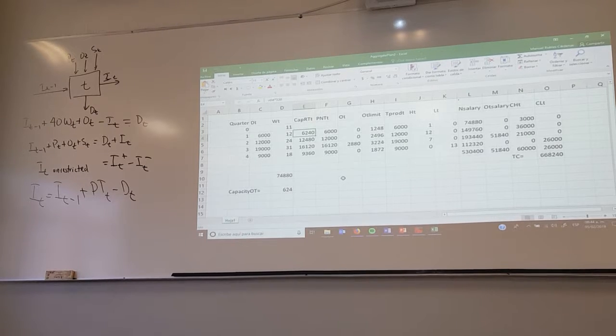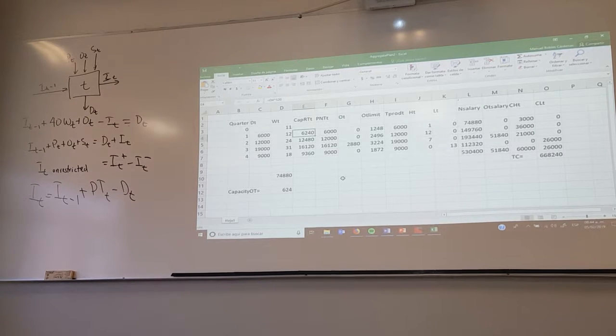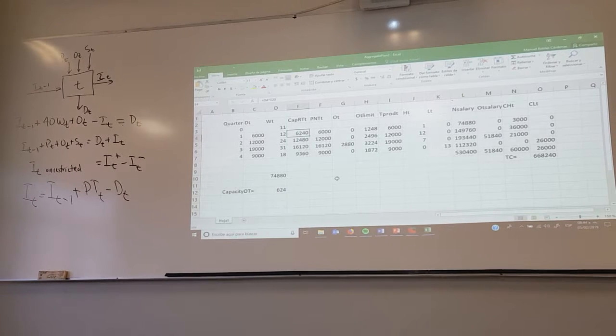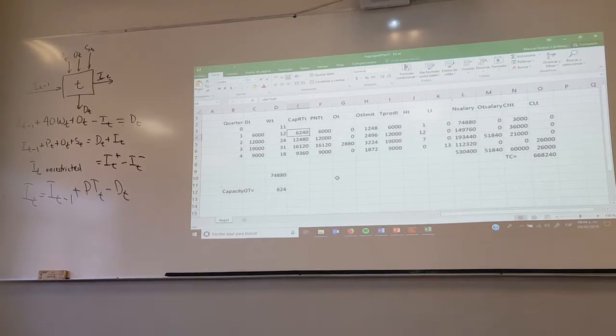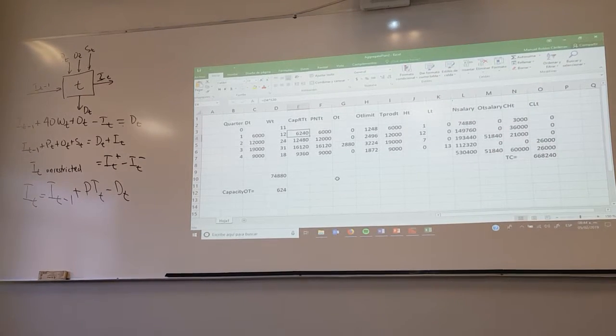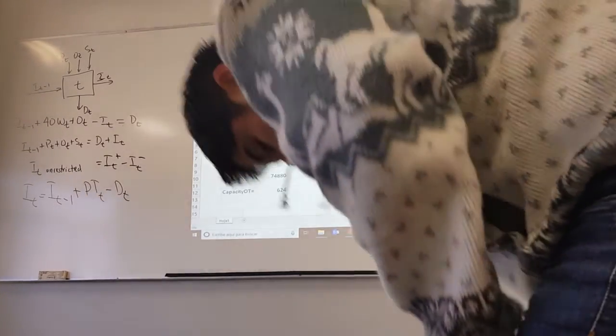Okay. So I know, because we solved this problem in the other class, that this solution is not optimal. So what we have here is not right. I'm going to take you step by step because I now know what is going on. I really don't like Excel to optimize this type of problems.